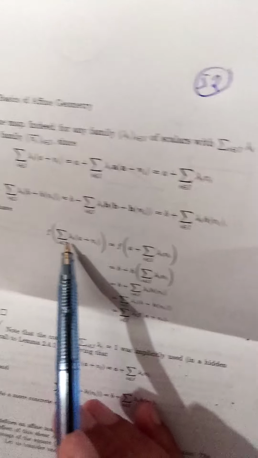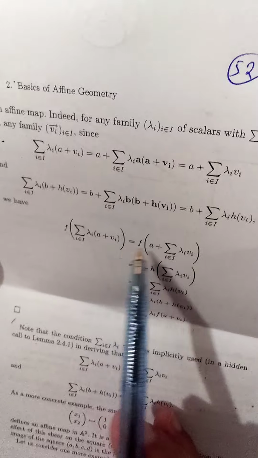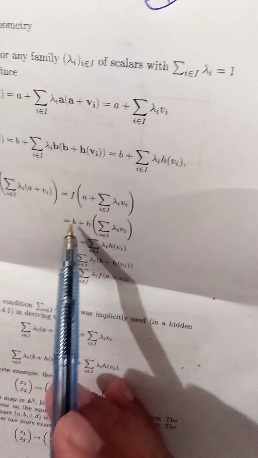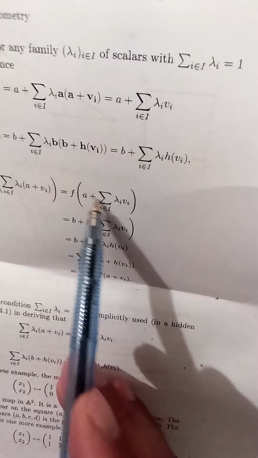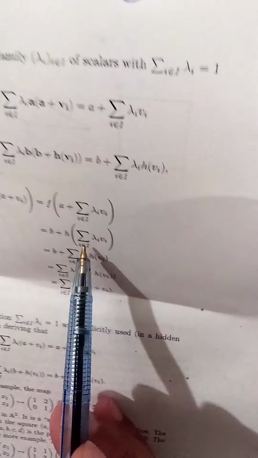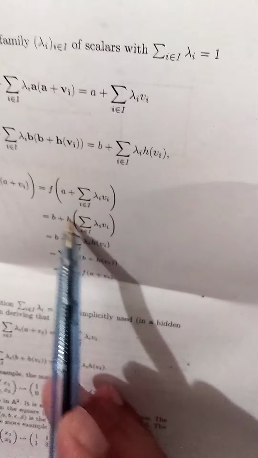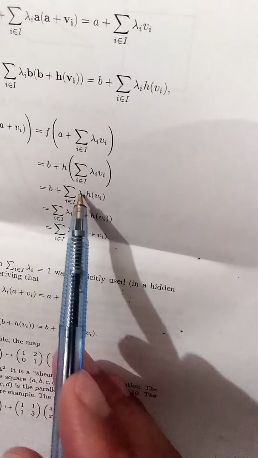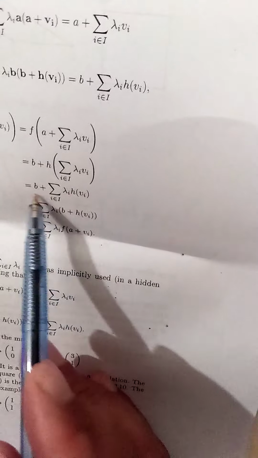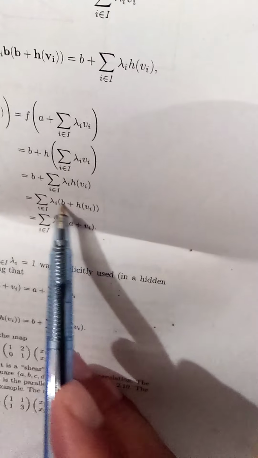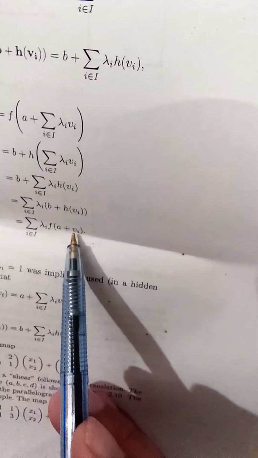We have f of summation lambda_i (a plus v_i) equal to f of a plus summation lambda_i v_i, which can be written as b plus h of summation lambda_i v_i, since f of a is equal to b. Since h is linear, this is b plus summation lambda_i h of v_i, which is equal to summation lambda_i (b plus h of v_i), and this is equal to summation lambda_i f of (a plus v_i).